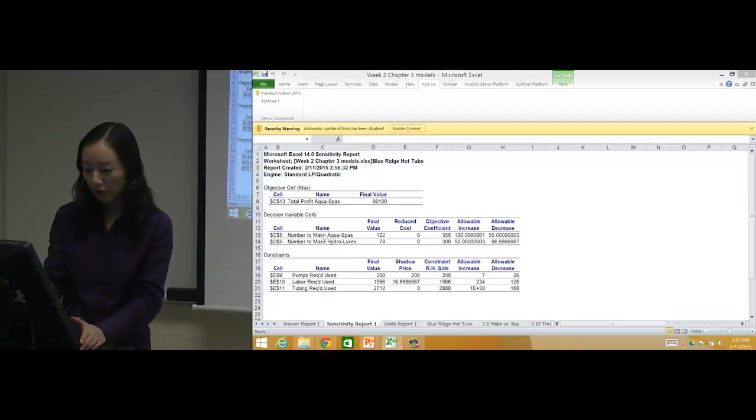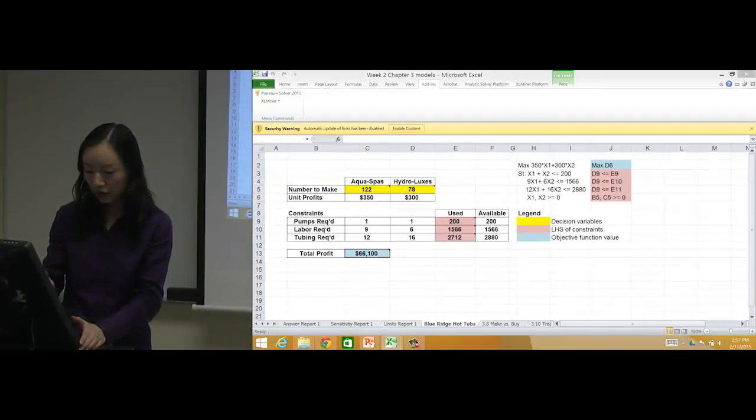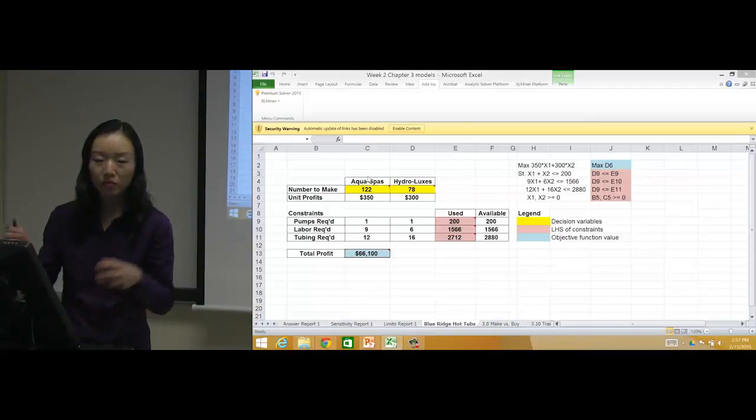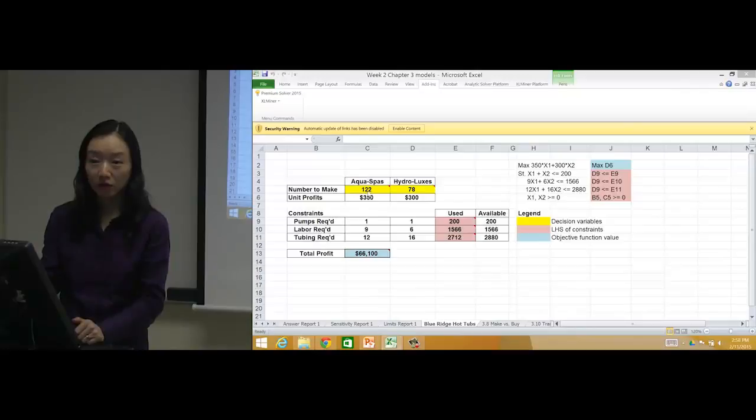Okay, and for example here, this one is pretty meaningful. Number to make equals bus 122. And that came from here. So number to make equals bus. So when the sensitivity analysis report is generated, it automatically takes the row label and the column label, puts them together to be the name of that specific cell.